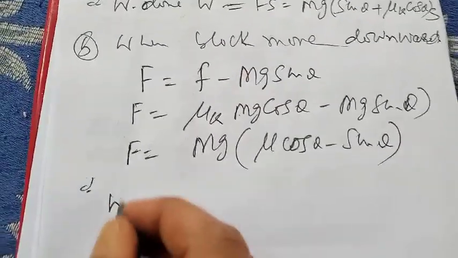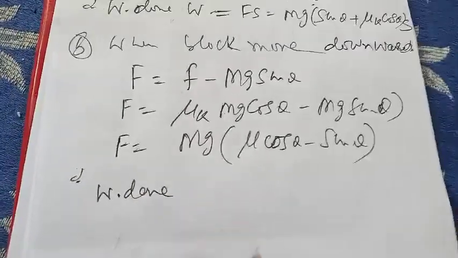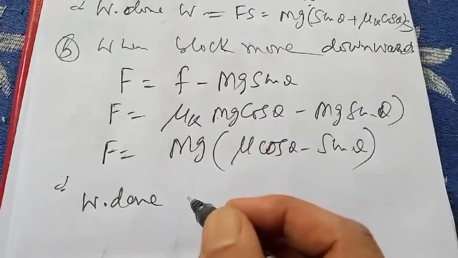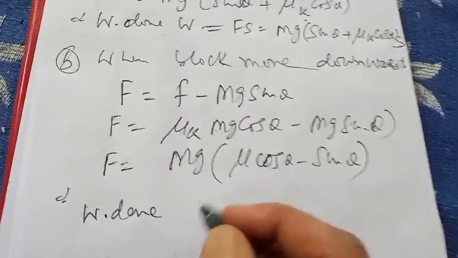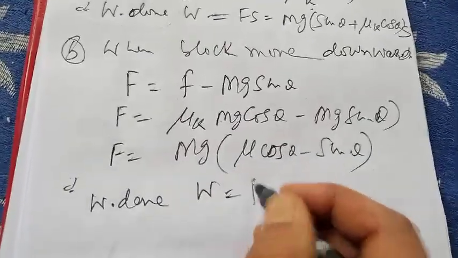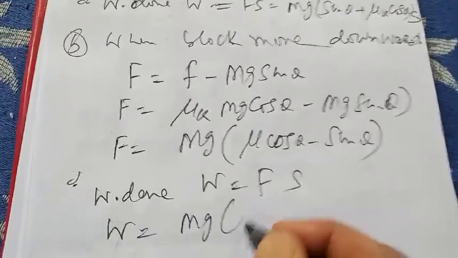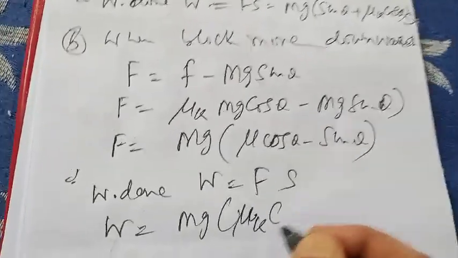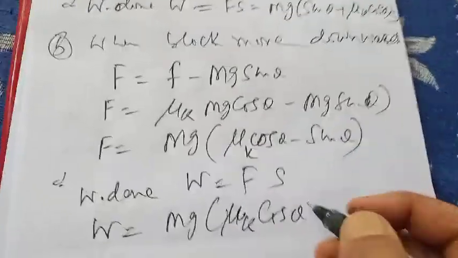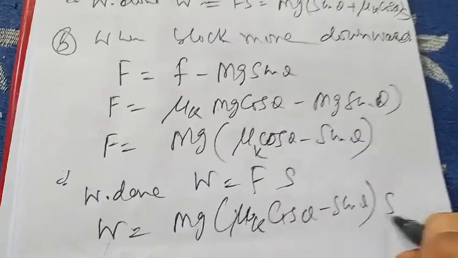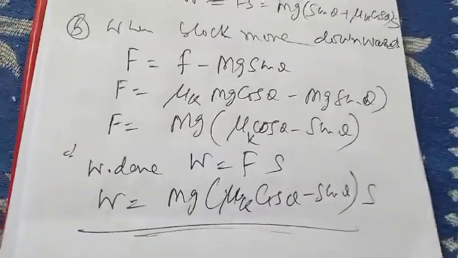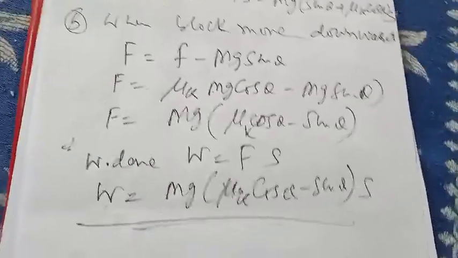Therefore, work done in moving the block downwards through a distance s is given by W is equal to F into s, or W is equal to mg times mu k cos theta minus sin theta, into s. This is the required work done in moving the block downwards.